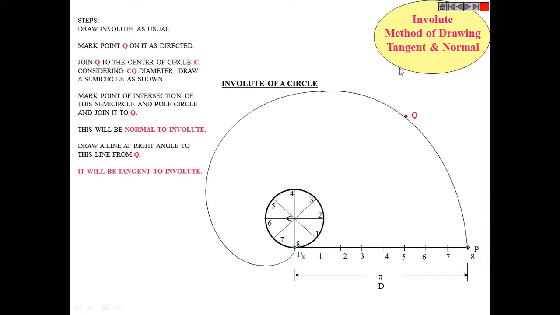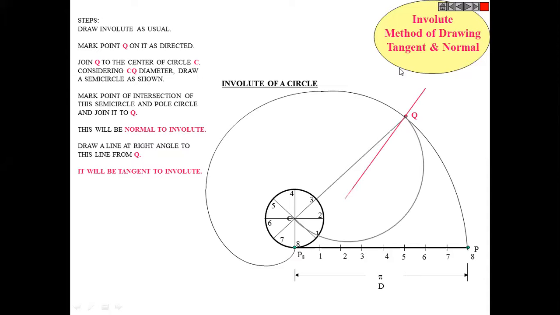Okay, between P and I means in the first segment only, you take Q anywhere. Now, what is the first step? Join it to the center of the circle or the center of the shape, whatever it is. Fine. Then you make that much as diameter and draw a semicircle.